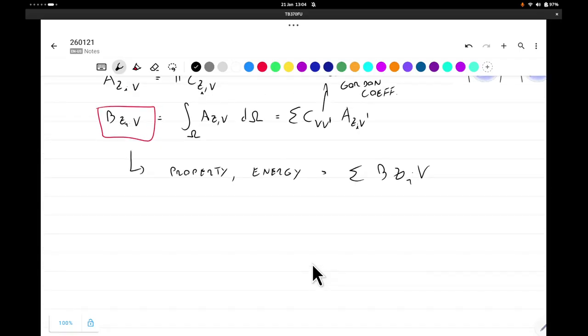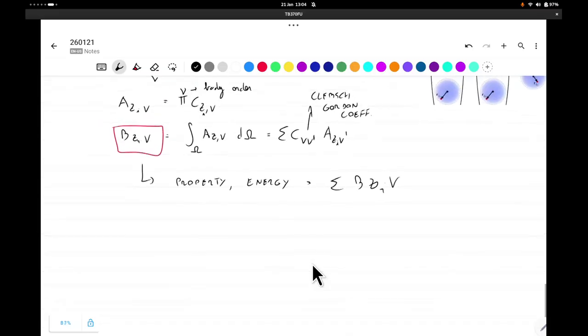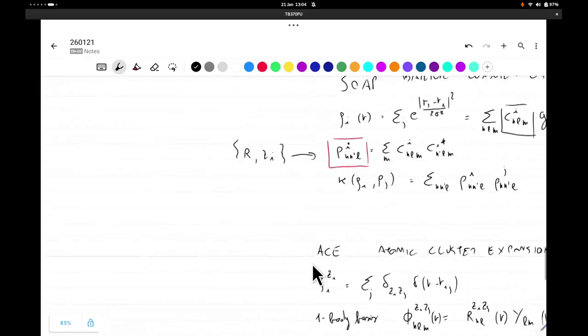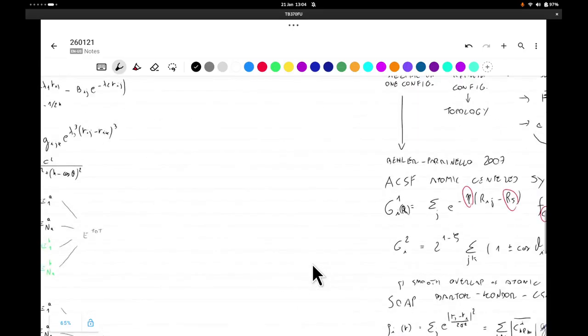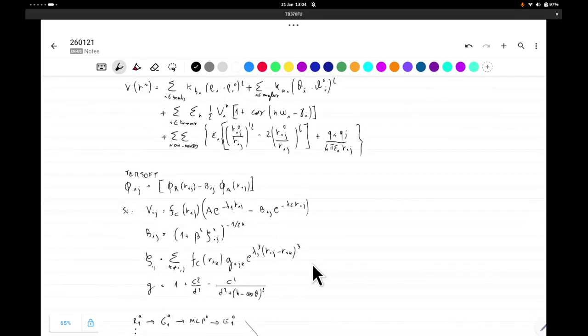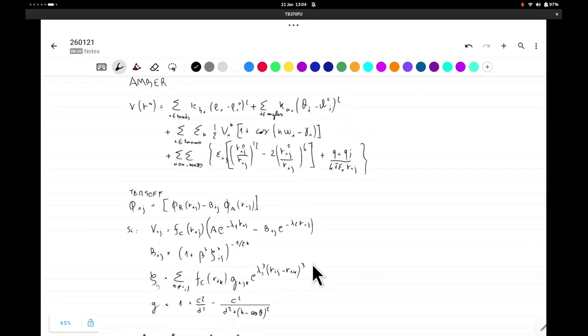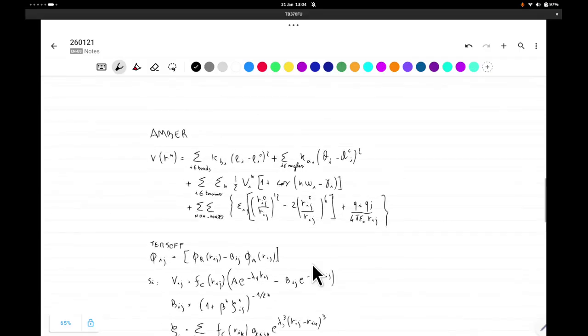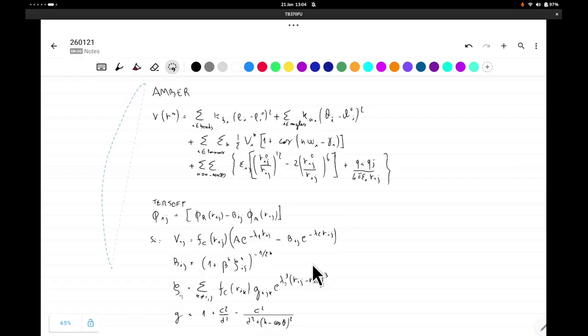Now, to close, I want to show also. So this was just about the descriptors. What about the kind of models, the classes that we use? So let me show. I wanted to show this. Getting slow.